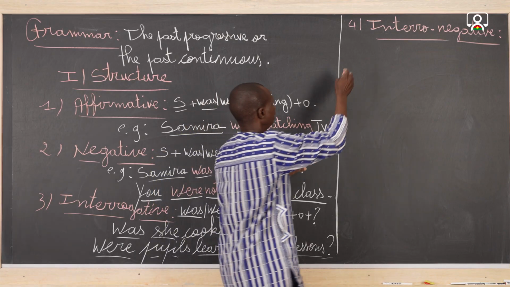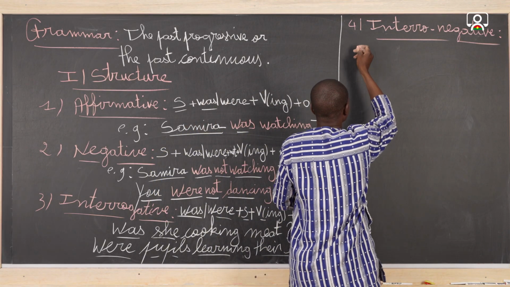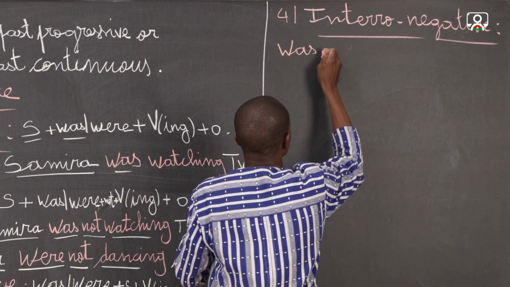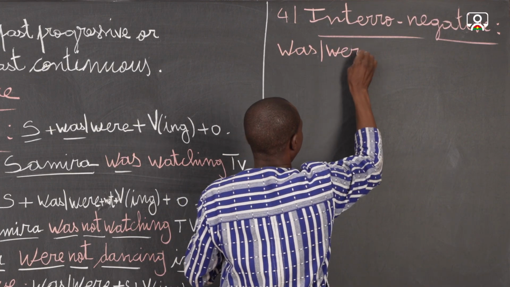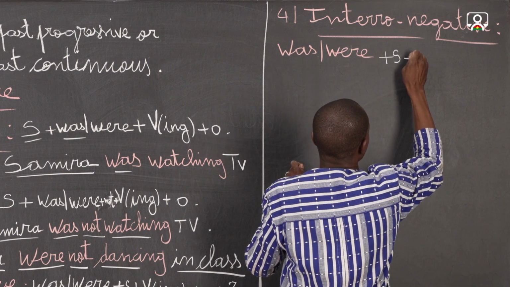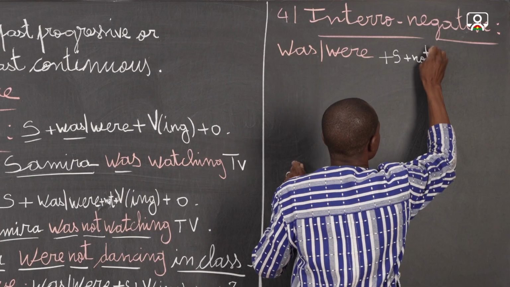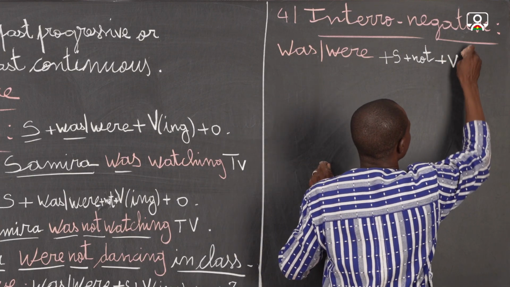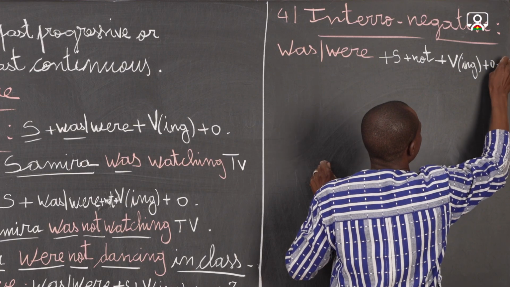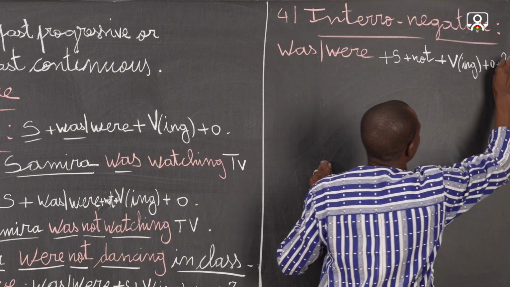Okay, here, with the uncontracted form, we can say that the rule can be was or were plus the subject plus not plus the verb in ing form plus the object plus the question mark here.